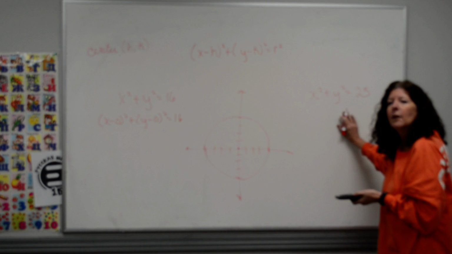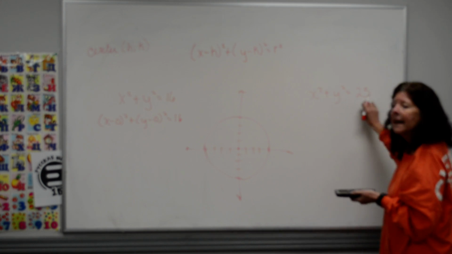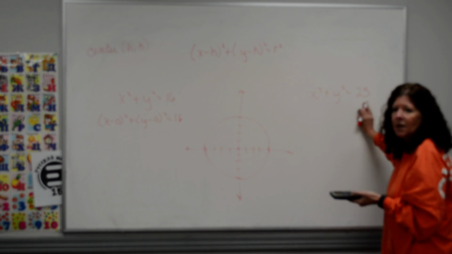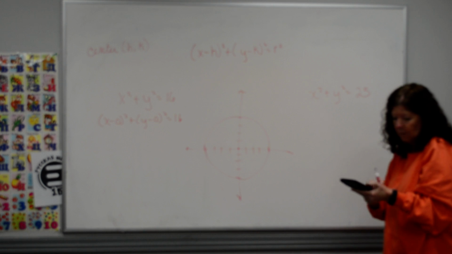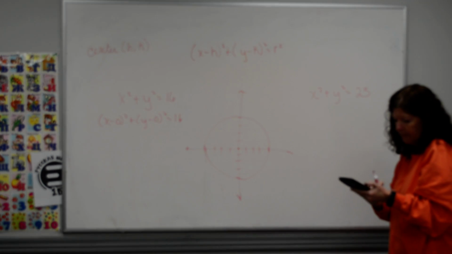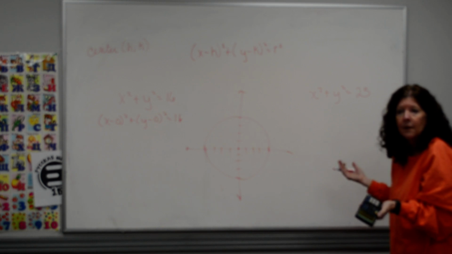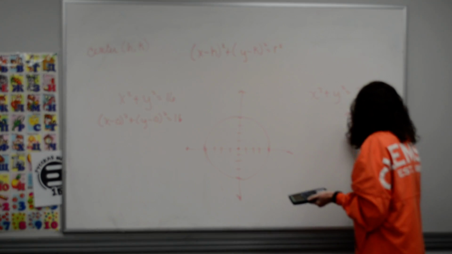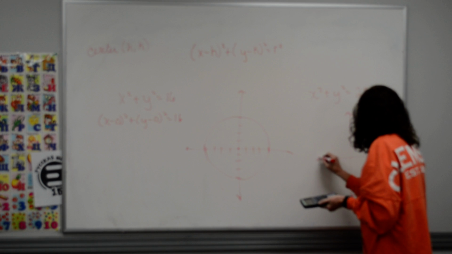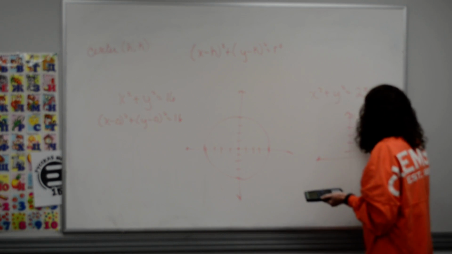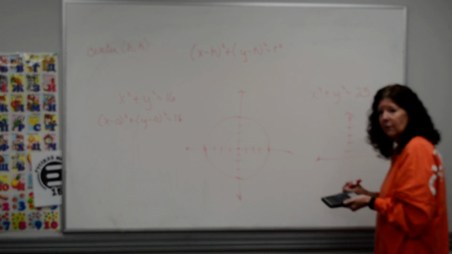Over here, a little bit harder, because I cannot take a whole square root. So what I'm going to do is I'm going to take a square root, I'm going to get a decimal value. And the decimal value is 4.8. So now from the center, I'm going to go up approximately 4.8.